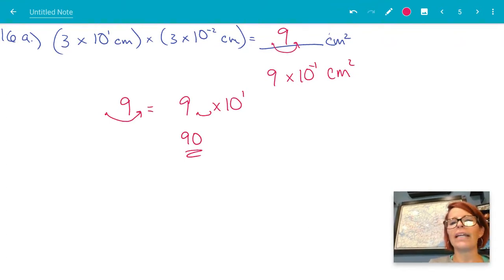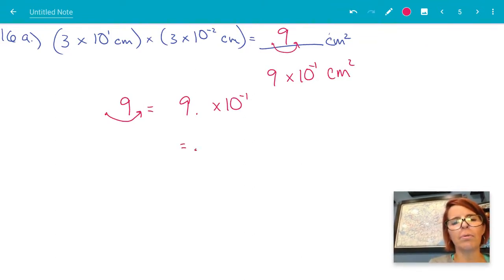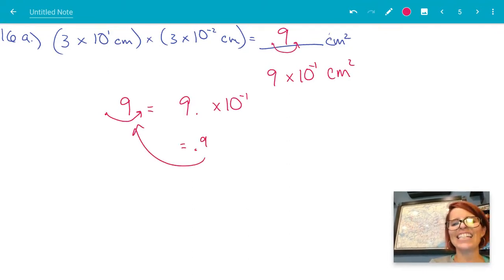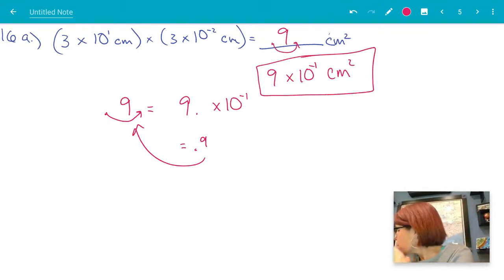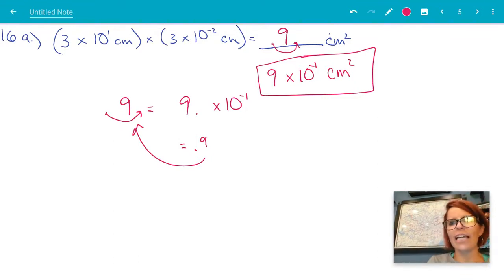We were looking for 0.9. So let's back up and make this a -1, so that if we did 9 times 10 to the -1, it would equal 0.9, which is the answer that we had there. So 9 times 10 to the -1, and I'll just double check that I did that right. 9 times 10 to the -1, centimeters squared, piece of cake.